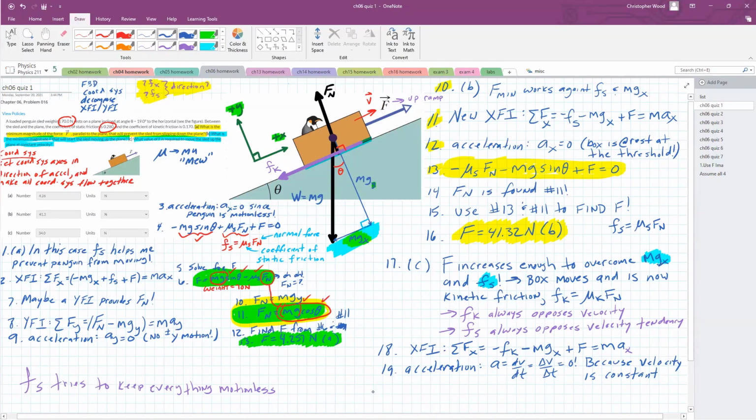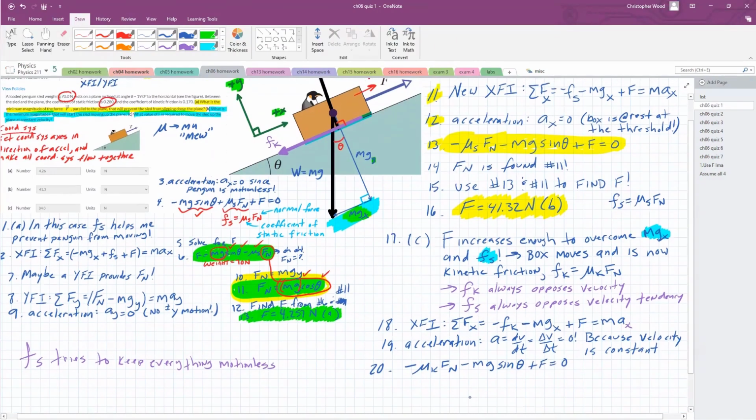That's a big deal. Step number 20, here it is. Here's my X force inventory for part C: minus mu sub K times F sub N minus mg sine theta, looking very familiar, plus F equals 0 again. And we know for the umpteenth time, we're good.